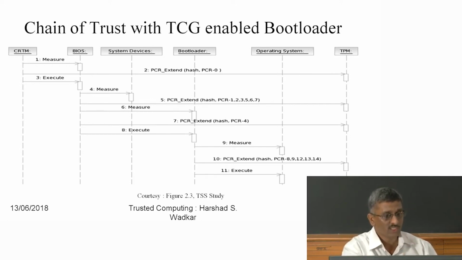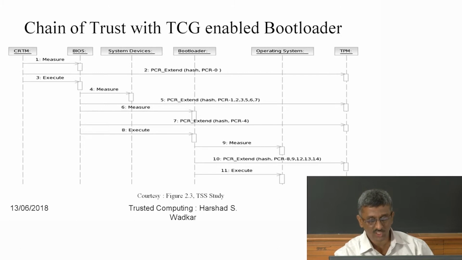Once the BIOS is loaded, it is going to measure system devices, and if they are found correct, those will be extended in registers 1, 2, 3, 5, 6 and 7. Okay? If that is done correctly, then I will look for the bootloader. If the bootloader is found correct, it is loaded into PCR 4. It goes on to the operating system.